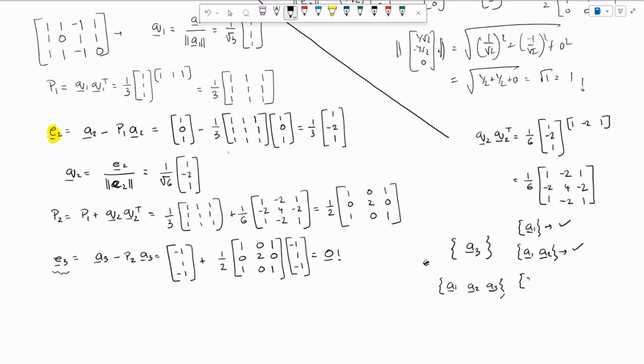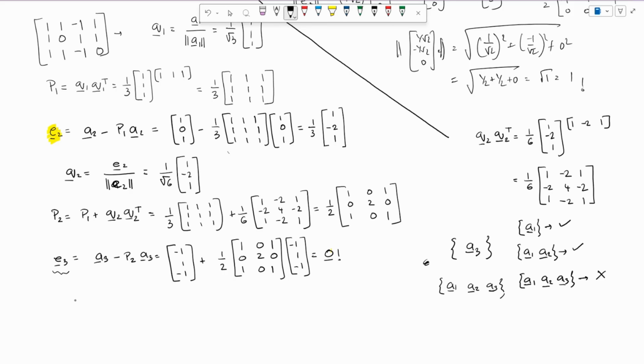But when we tried to compute Q3 from the set A1, A2, A3, E3 was 0. That means this set is not linearly independent. A1 and A2 are. The moment you add A3, the set becomes linearly dependent. That means I can express A3 as a linear combination of A1 and A2. Okay? That's what this means.